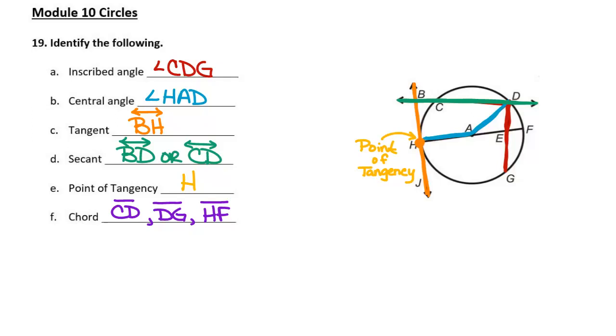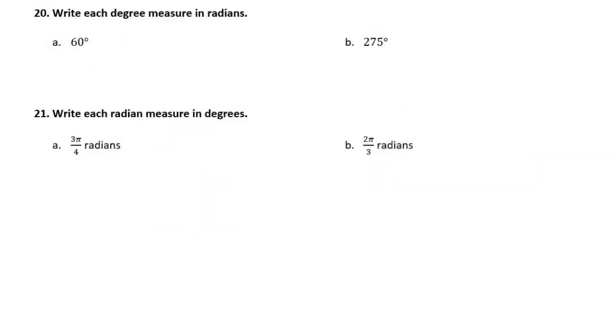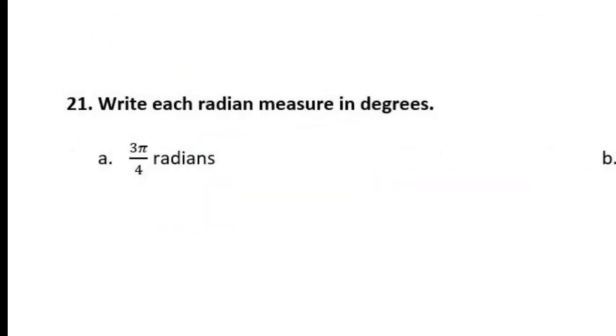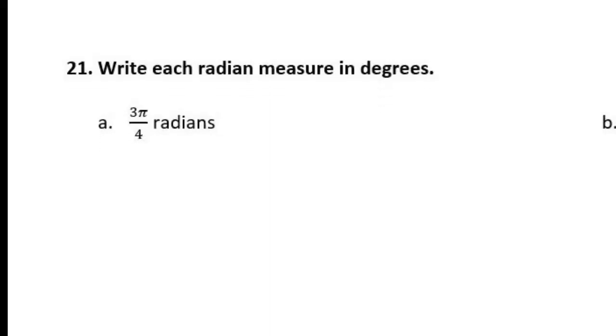21, absolutely. Write each radian measure in degrees. So we take the radian measure that's given. In this case, on part A, that'd be 3 pi over 4. And we multiply that by our conversion factor, which is 180 degrees over pi. So my pi's cancel out because I have one on top and one on the bottom.